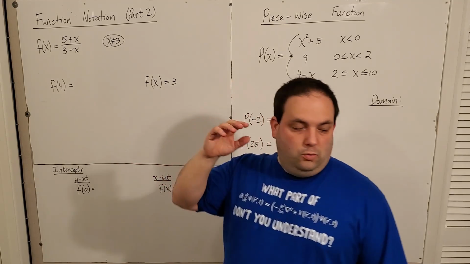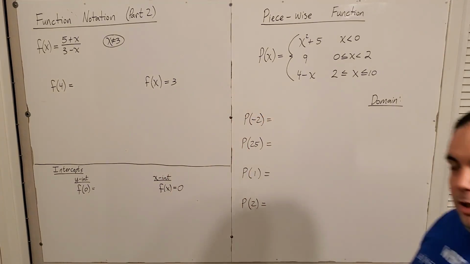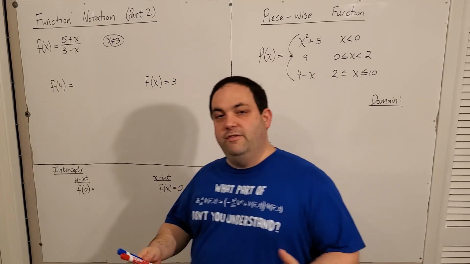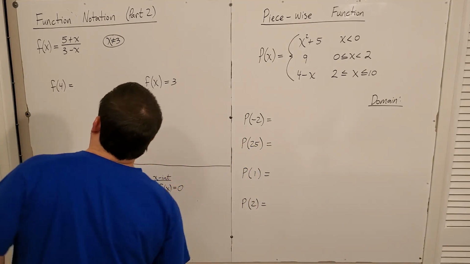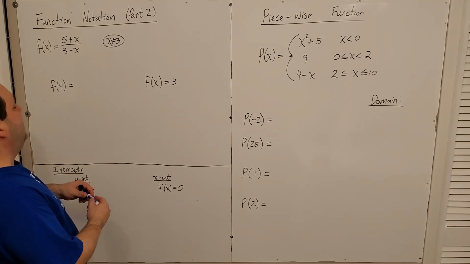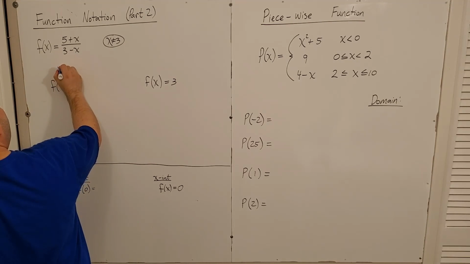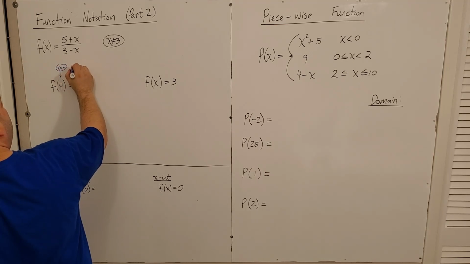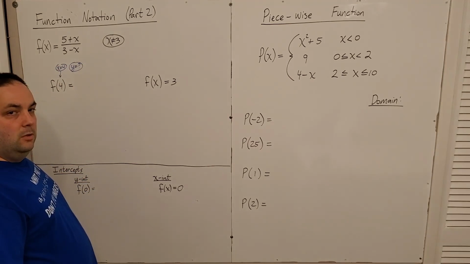So you need to pay attention to the way the things are written and the location of the value that's being asked about, right? So right here, f of 4 equals. Don't forget that this means x equals 4, and I don't know what y is. Okay?